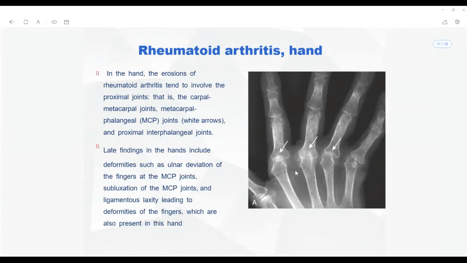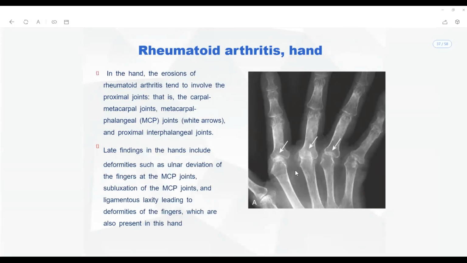So what is the characteristic feature of rheumatoid arthritis? It is the joint stiffness, also called early morning joint stiffness. I think you might have heard about this symptom, early morning joint stiffness associated with pain. And ulnar deviation of the hand is a characteristic feature of rheumatoid arthritis, right?